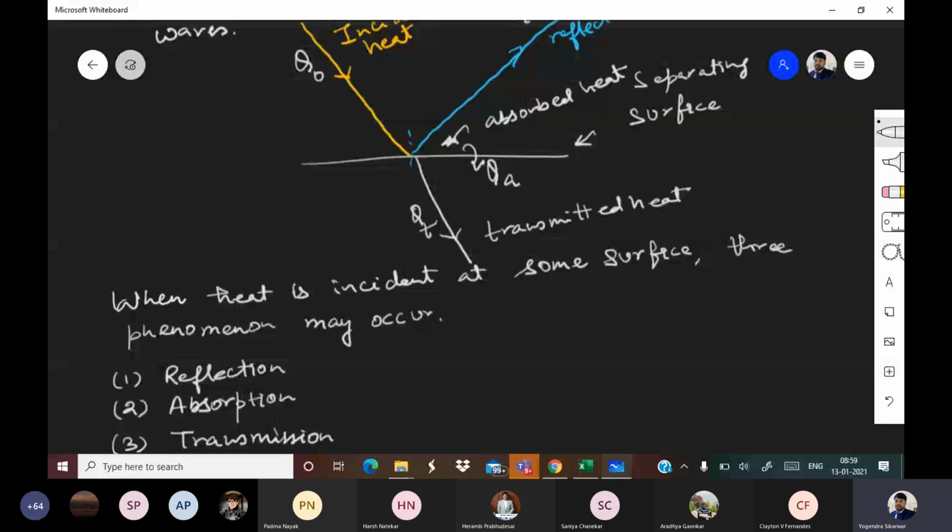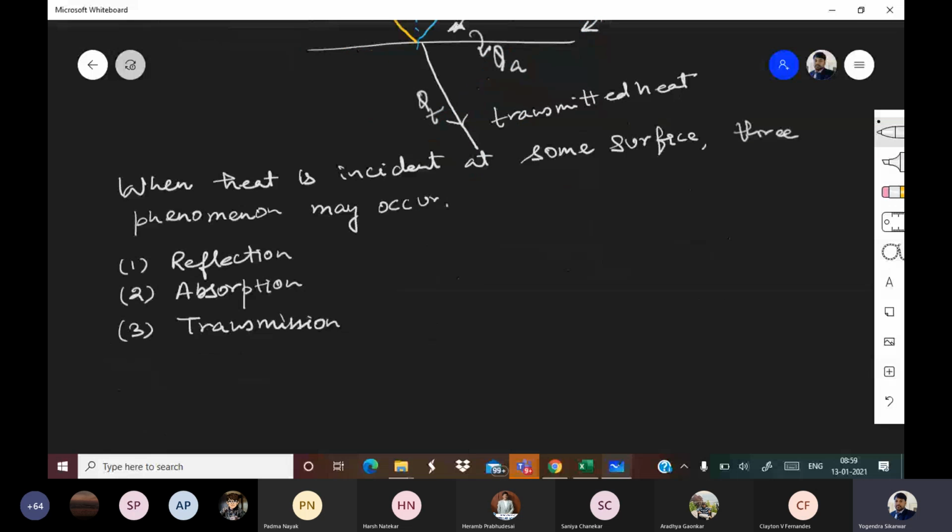So what we can write is Q naught is equal to QR plus QA plus QT, where Q naught is the incident heat or total heat basically. This is equation 1.